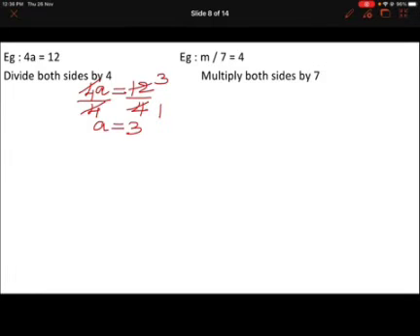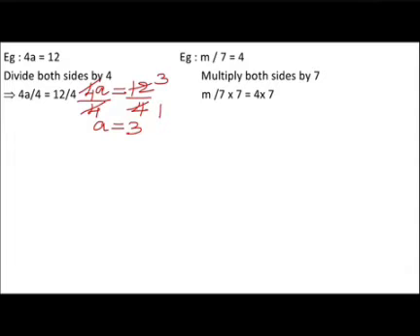So, that is the answer. So, divide both sides by 4. Here in this case, you have to multiply both sides by 7 because this 7 is divided. 7 is in the denominator. So, I have to multiply 7 to get rid of this 7. But I have to do that on both the sides. Is it not? So, 4a divided by 4 equals 12 by 4. You all can see I've shown you the working here.